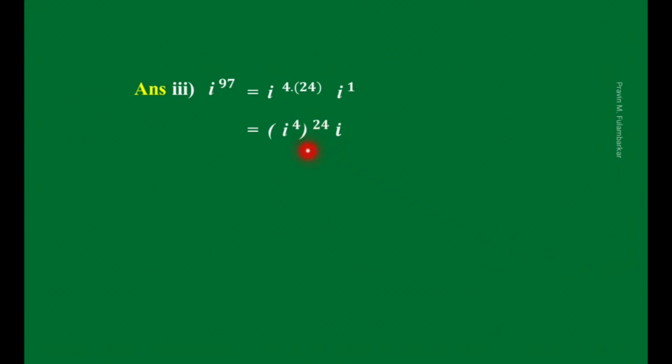So we write (i raised to the power 4) raised to the power 24, i raised to the power 1 is i. So replace i raised to the power 4 by 1 raised to the power 24 and i as it is. So we get 1 into i, that is i. In this way we solve sub question 3.